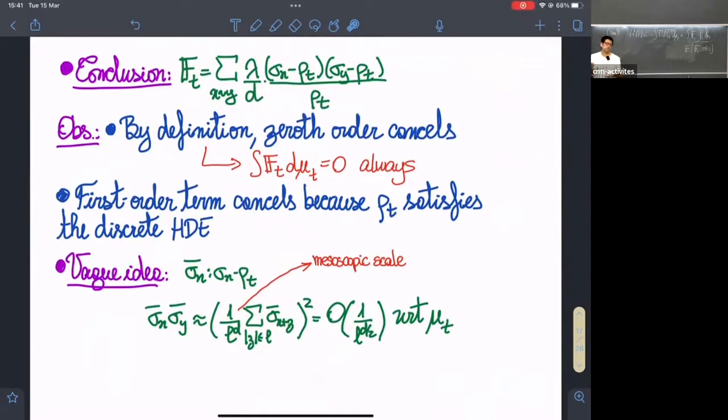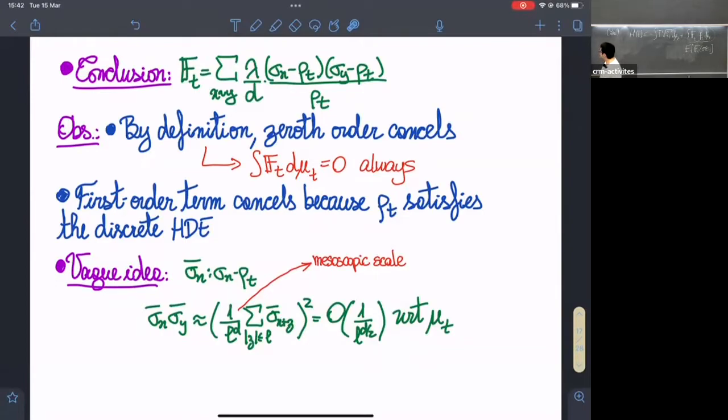For more complicated reaction dynamics, it could have terms of degree 3, 4, and so on and so forth. But the main thing here is that all terms in this sum are of degree at least 2 on the centered variables sigma x minus rho. That's the important thing. Okay, we'll see that later.